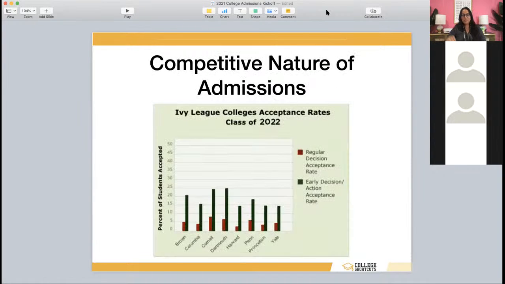All right, so let's talk about the competitive nature of admissions, because I think one of the things we thought would happen last year is that there would be a few things. One is we thought that fewer students would apply to competitive schools because of such an economic downturn, so people were losing jobs. We thought students would go for local schools or community colleges.